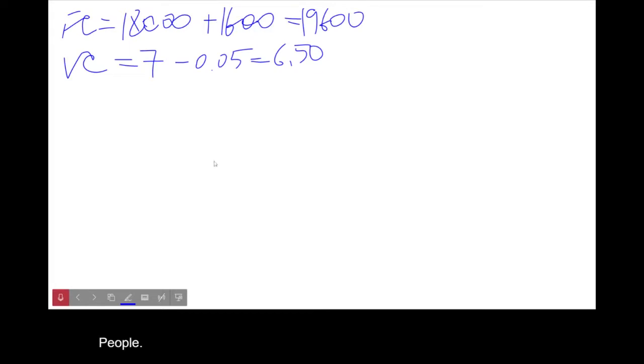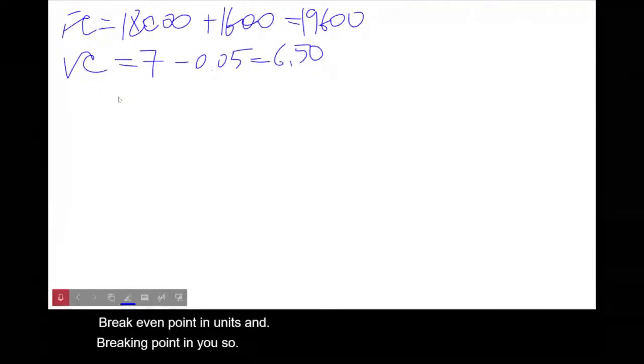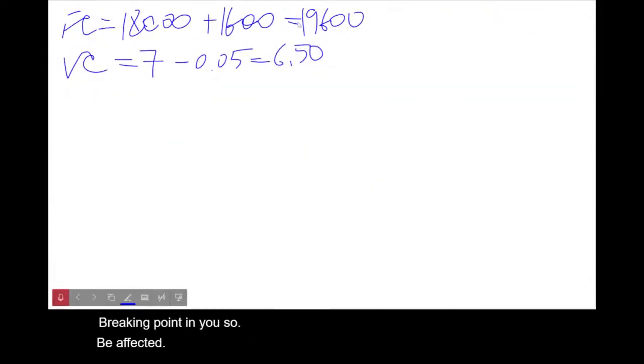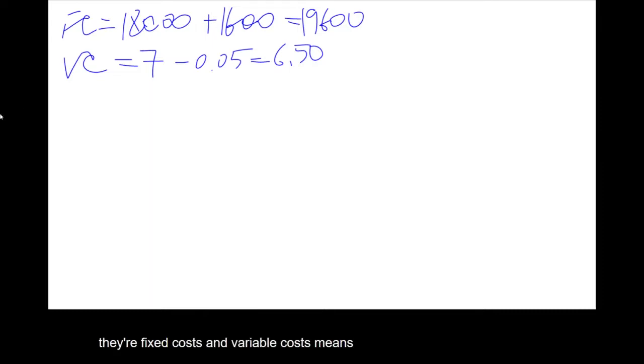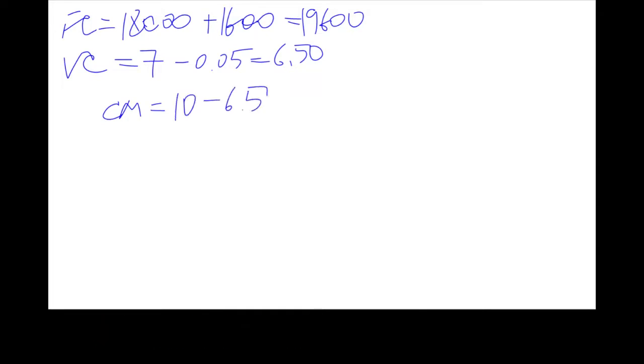People. Okay, so to calculate the break-even point in units, since we affected fixed cost and variable cost, we need to recalculate the contribution margin, which is price 10 minus 6.50.